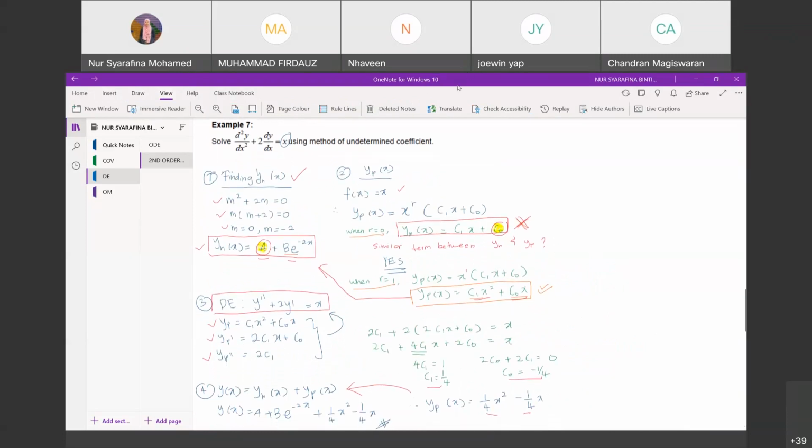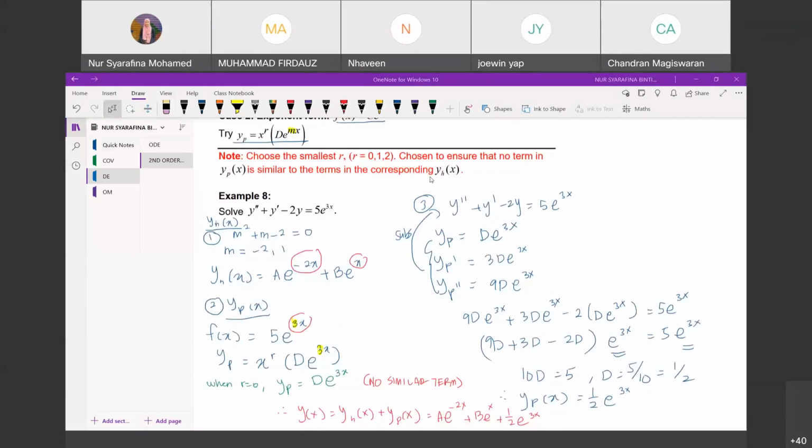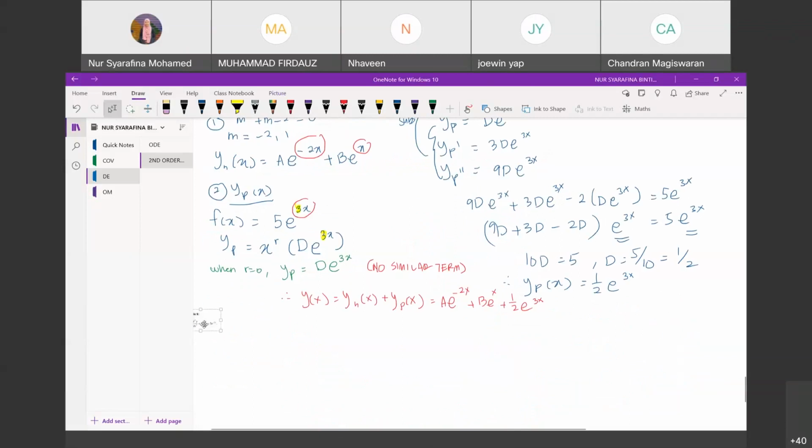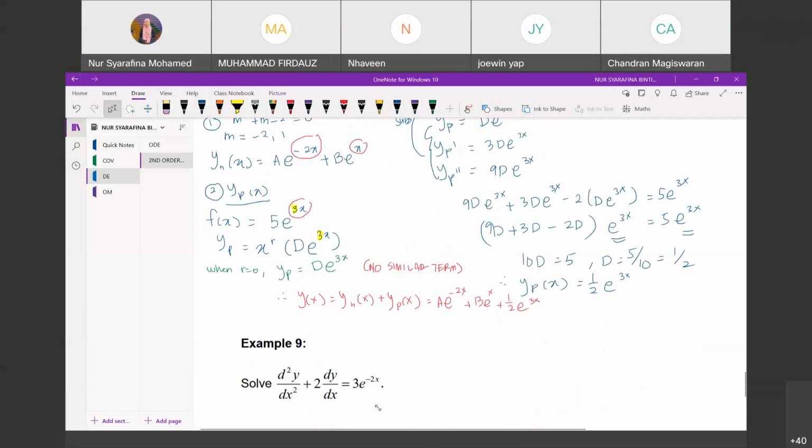Any question? Okay, let's try another example. Same process, right? But check the similarity.